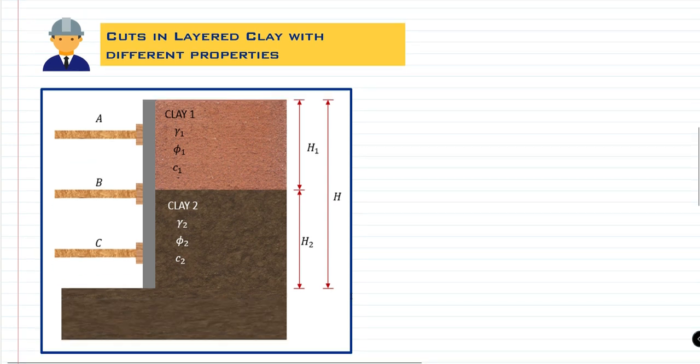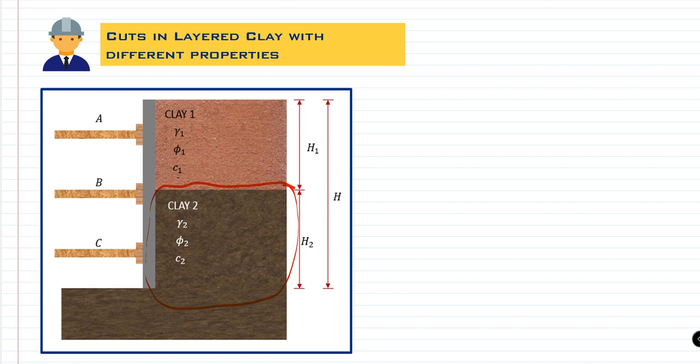So, from the figure shown, syempre, meron tayong two types or two different clays or layered clay na may magkaibang property. So, ito yung clay number 1. And this is clay number 2.